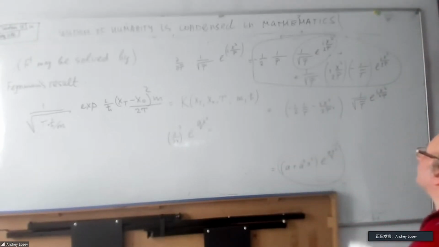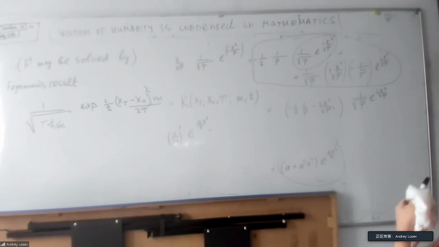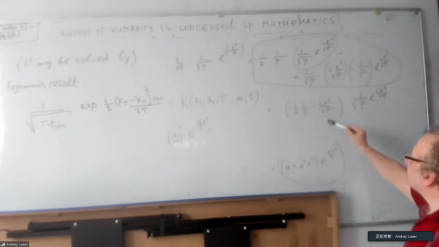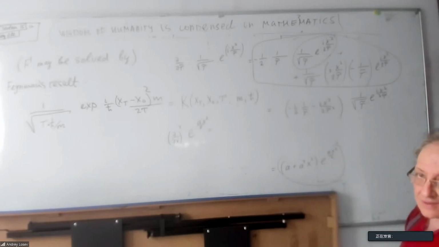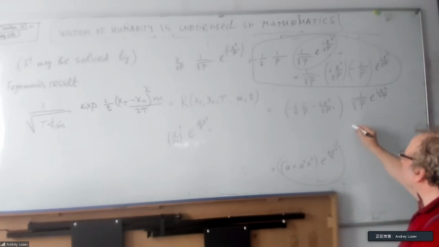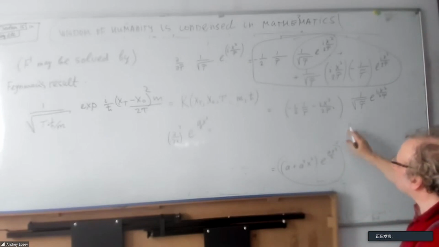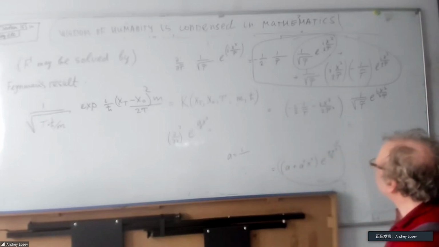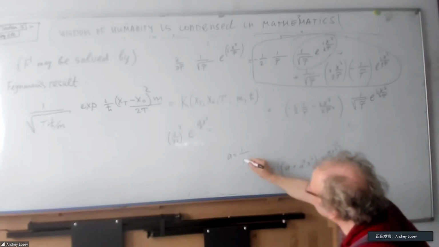Now let us see. After this long and hard computation, this thing and this thing are actually the same. If I say that A is 1 over t tilde.